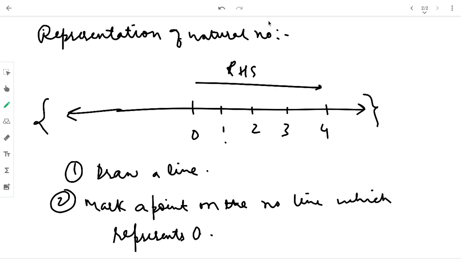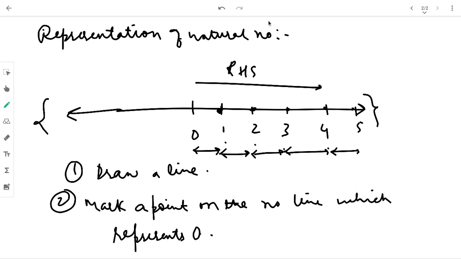This is 1, this is 2, this is 3, this is 4, this is 5, and they are at regular intervals of equal length. So this is the representation of natural numbers. 0 is not a natural number. Representation starts from here: this is 1, this is 2, this is 3, this is 4, this is 5.